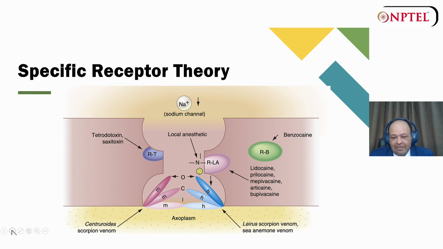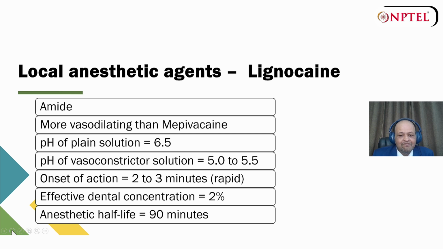Again, like I said, the sea anemone venom and the scorpion venom, which we don't use, but however one could get affected by it, also work in this particular way only.